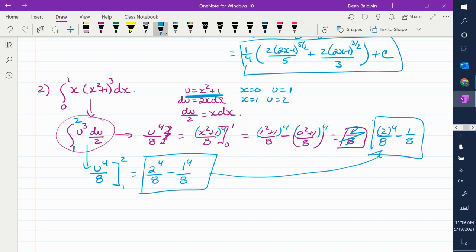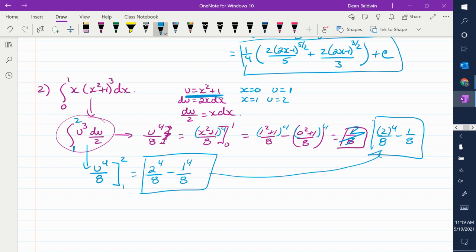Okay? So when you're doing a substitution with a definite integral, you have a choice. You can evaluate it, sub back in what the original was, and then evaluate it at the original 2 endpoints. Or when you convert the integral to a u, you change the endpoints to u values using your substitution here, and just evaluate that.